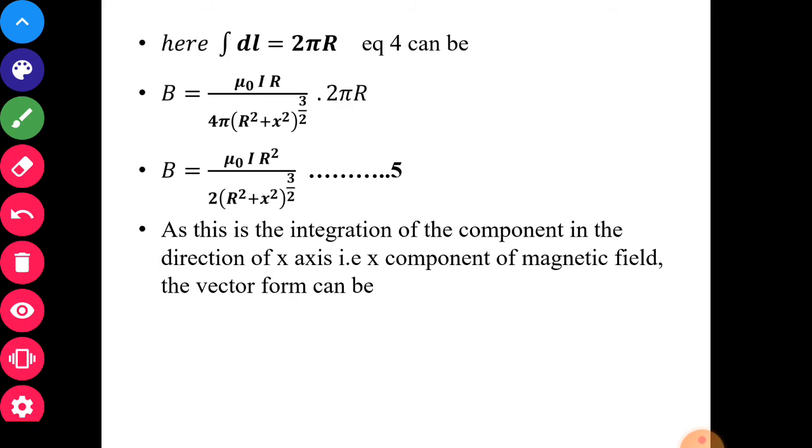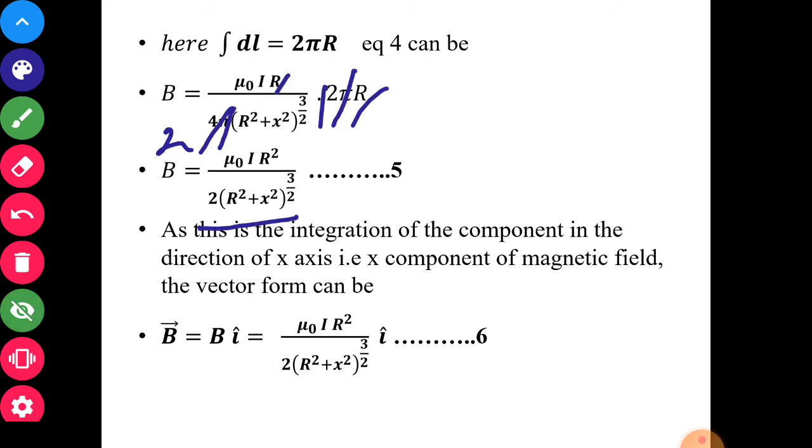As this is the integration of the component in the direction of the x axis, that is the x component of the magnetic field, this fifth equation gives you only the value. The direction is in the direction of the x axis, so the magnetic field will be in the direction of the x axis, because the x component is in the x direction.